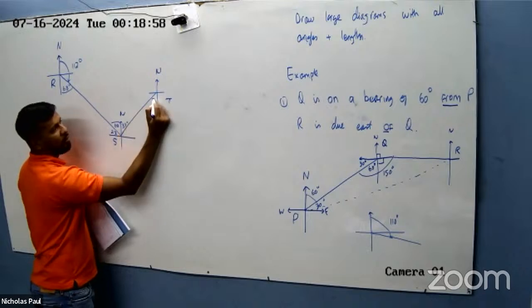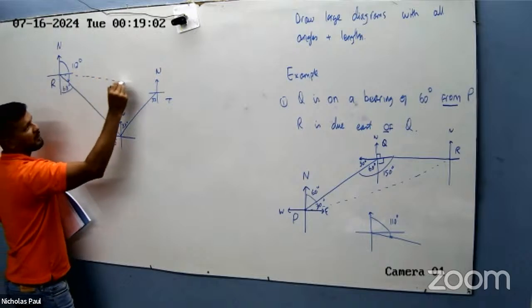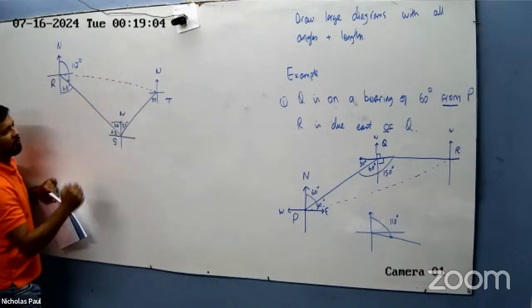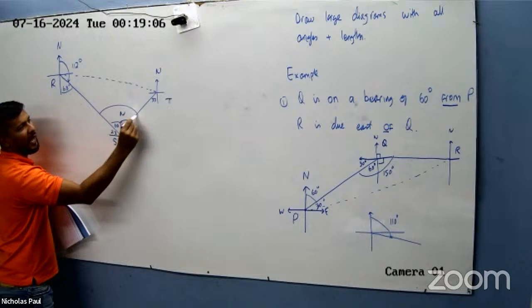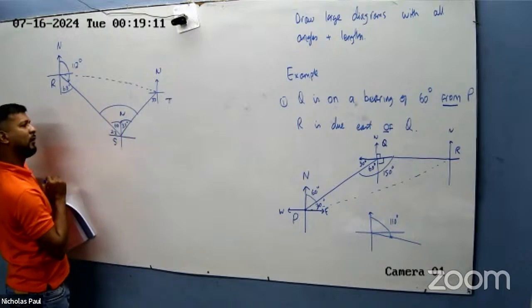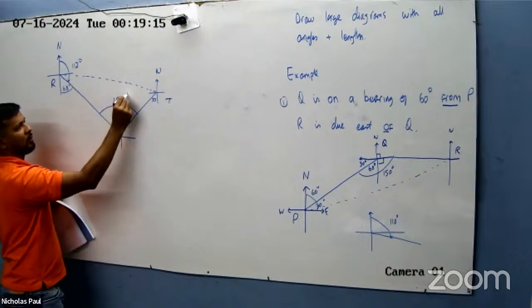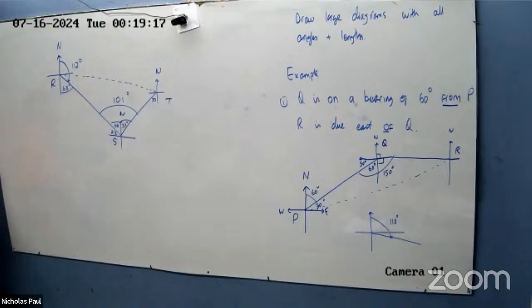Here is also 33. And then I can just connect that up. So this whole angle here is 68 plus 33, which is 101.